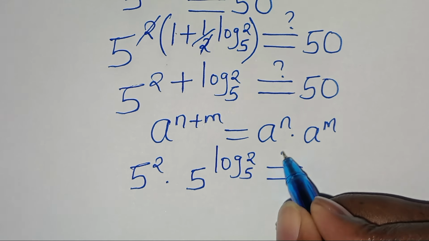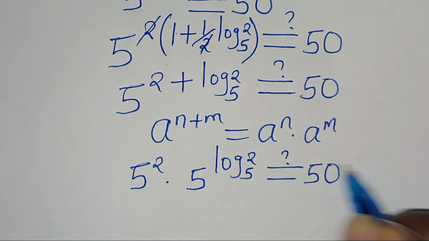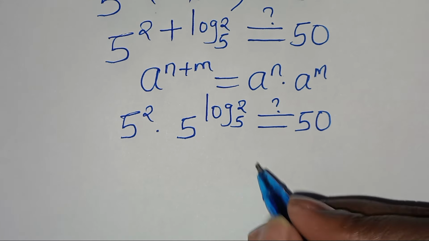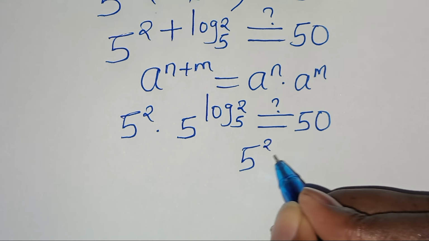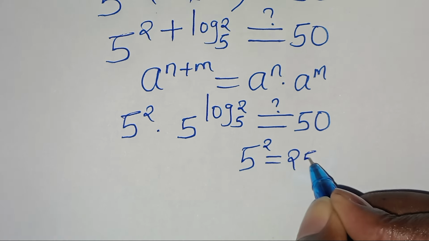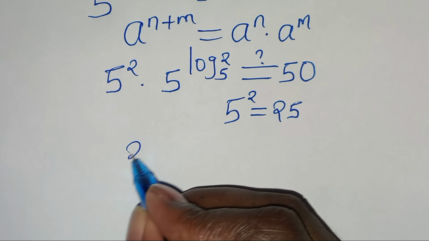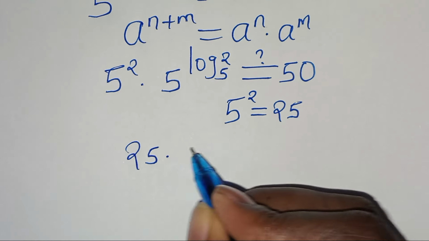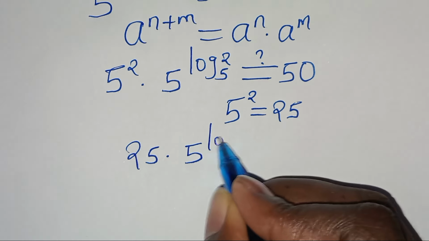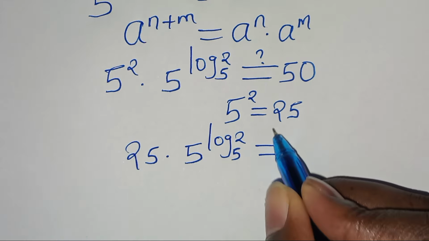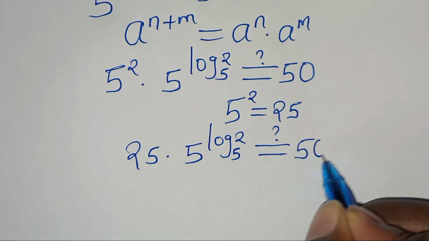This should give us a value of 50. So we have 5 squared, which is equal to 25. So therefore we have 25 multiplied by 5 to the power of log 2 to base 5, and this is supposed to give us a value of 50.